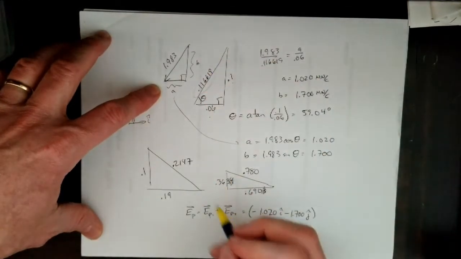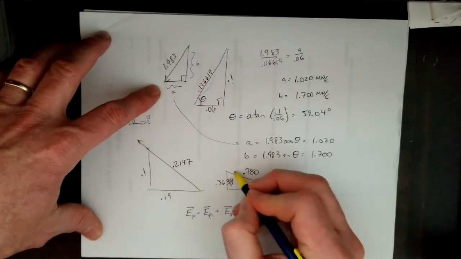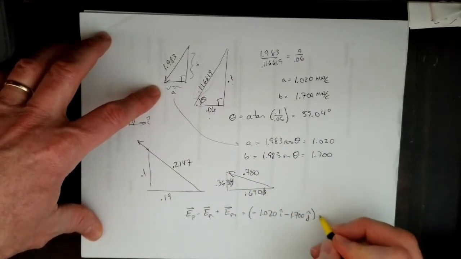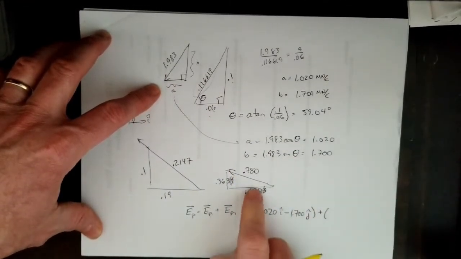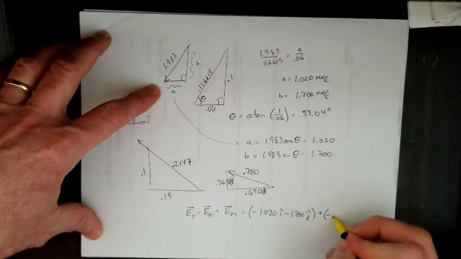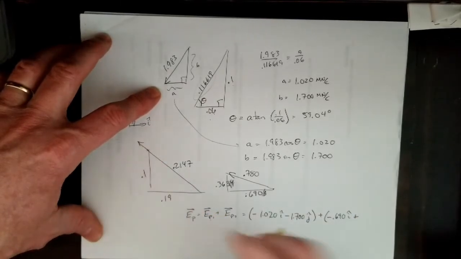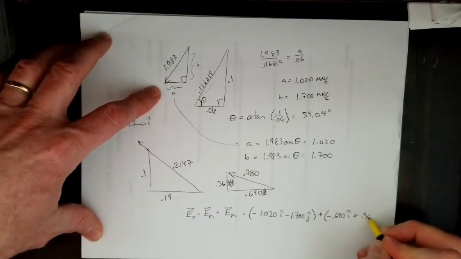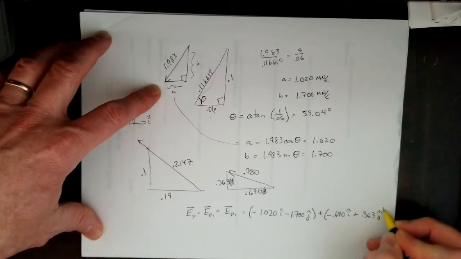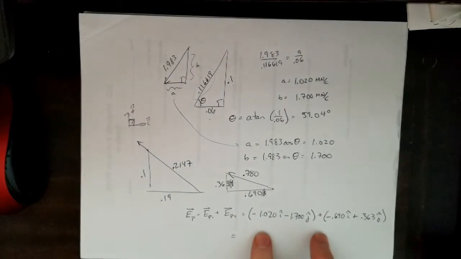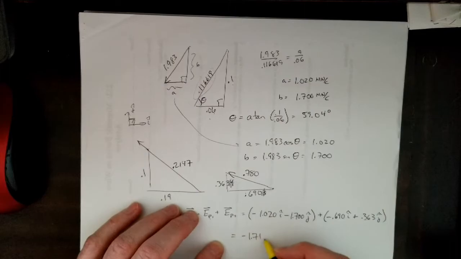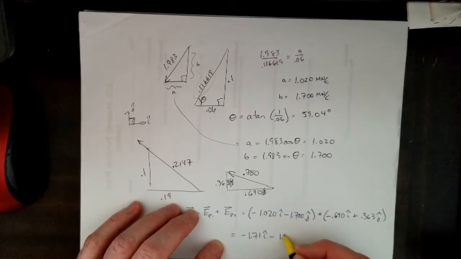EP 2 is going off in that direction, going that way. And so plus is going to the right, and minus to the left, so negative 0.690 I hat plus, because I'm going up, 0.363 J hat. Adding these together, negative 1.71 I hat, and then here minus 1.337 J hat.